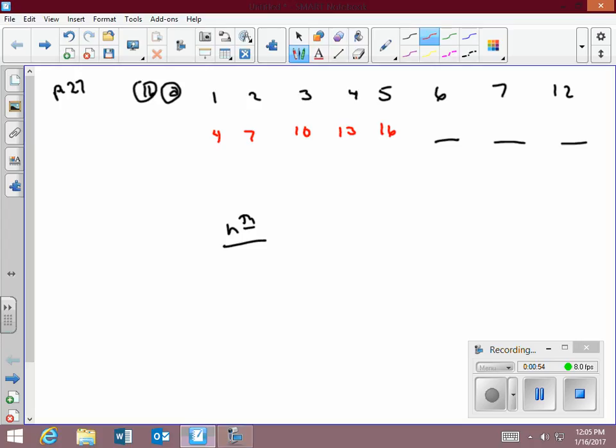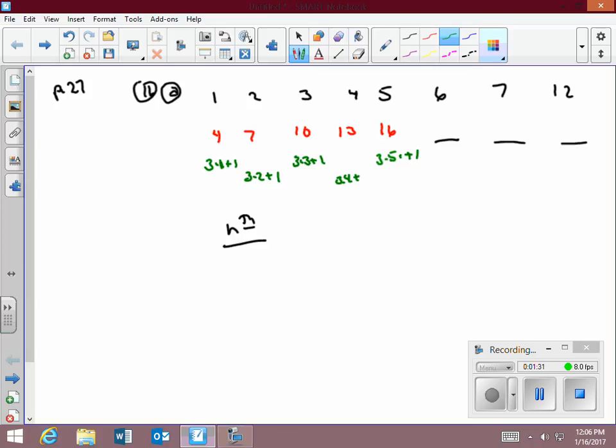Well, on the nth term, what you can see here is that if you take 3 times the term and you add 1 to it, 3 times 2, add 1, 3 times 3, add 1, 3 times 4, add 1, 3 times 5, and add 1, that'll give you each one of those numbers.